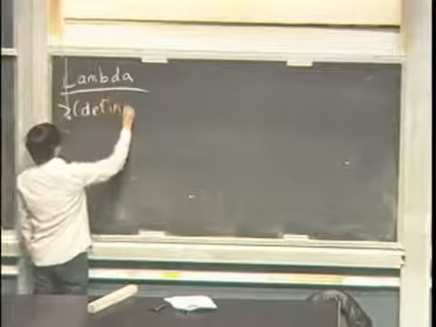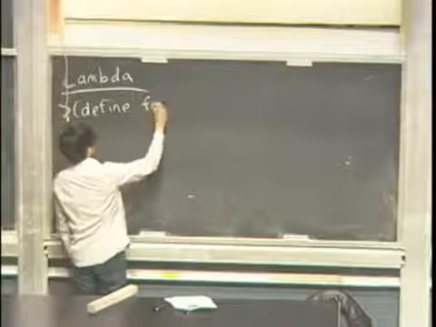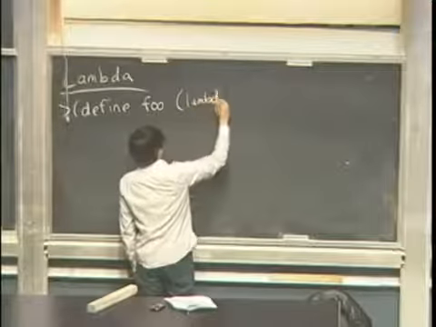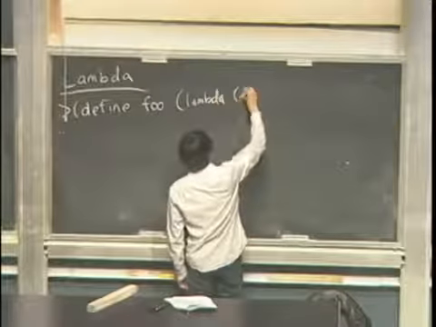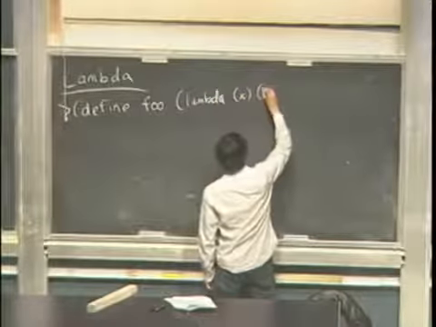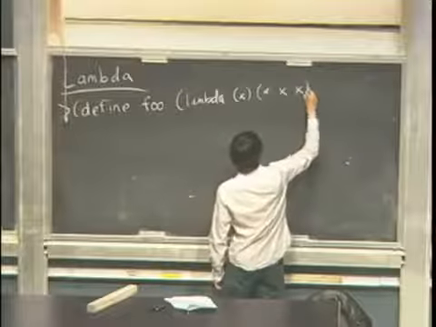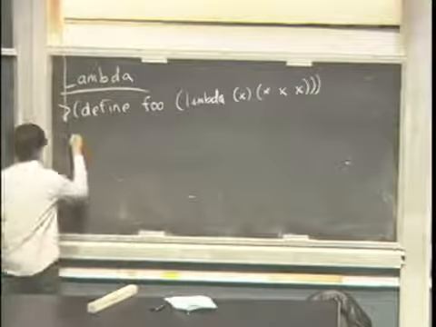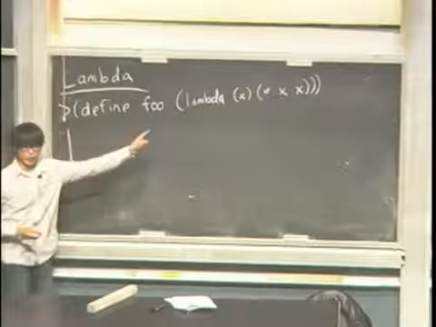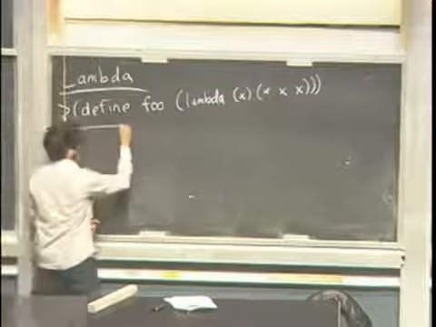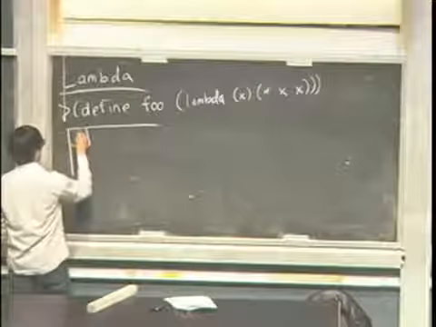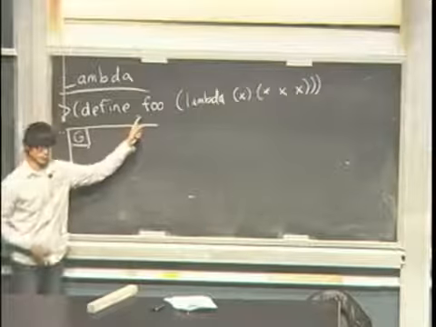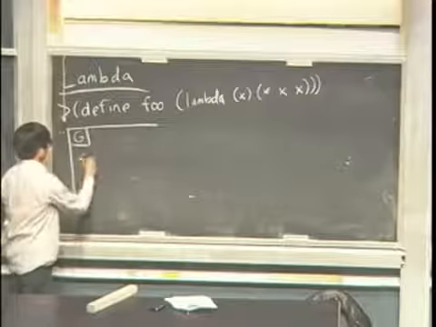So say I defined a lambda in the global environment called foo. If I wanted to draw the environment at this point, we have a new symbol foo that's bound to something.